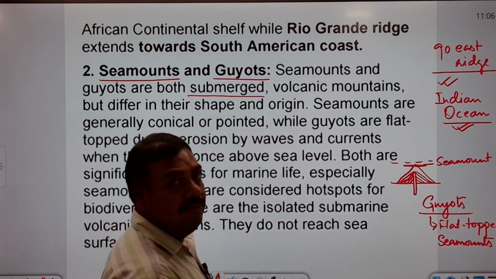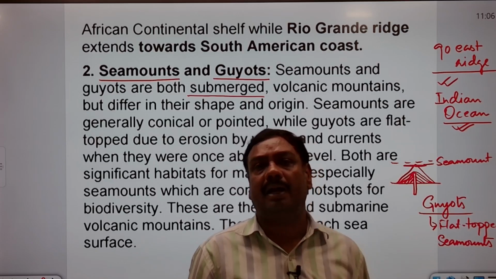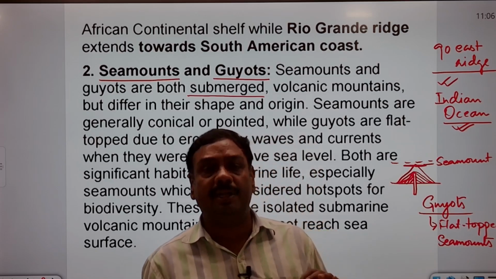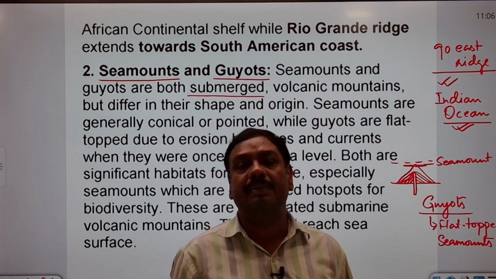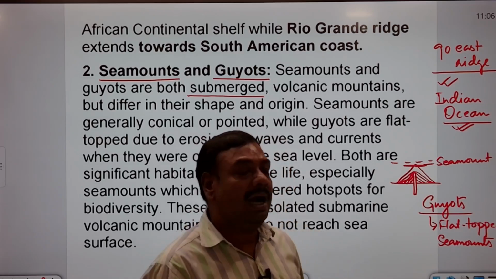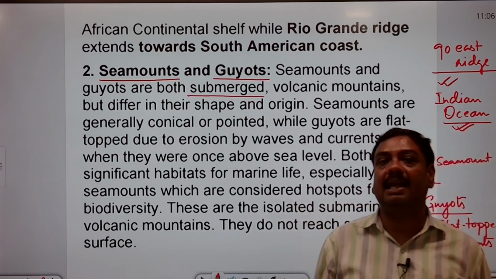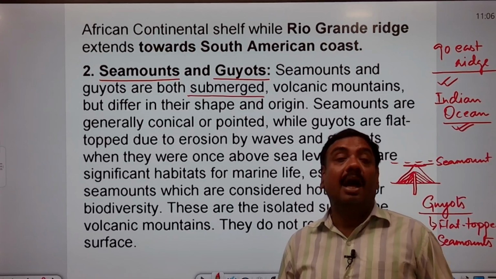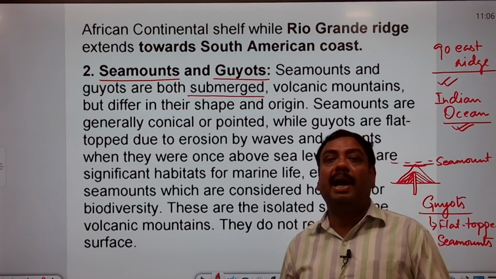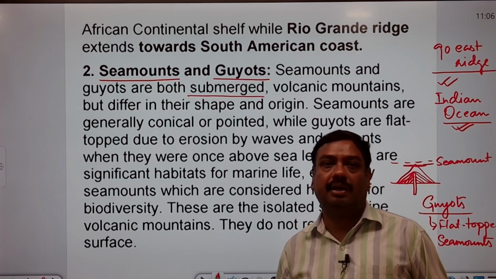In the case of a mid-oceanic ridge, always remember that some part of the mid-oceanic ridge can be seen above the sea level, and those parts can be seen in the form of islands. Iceland is one part of the mid-Atlantic ridge.